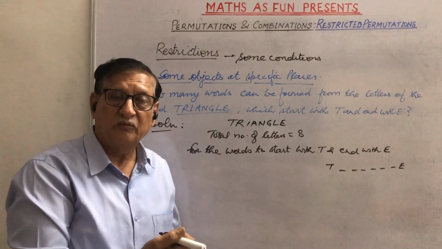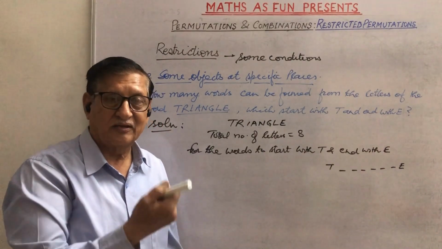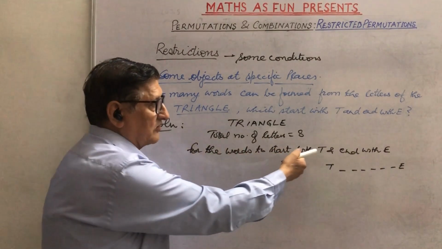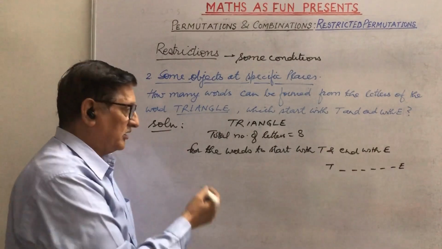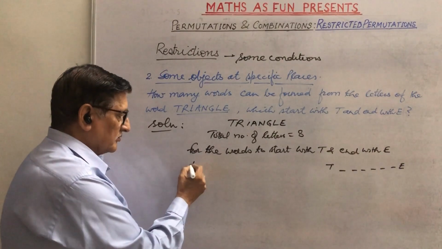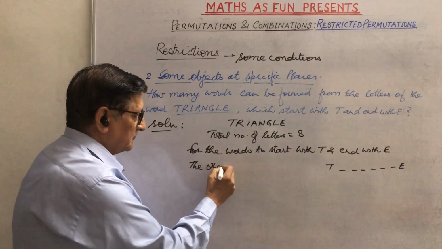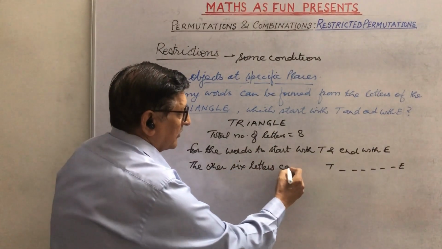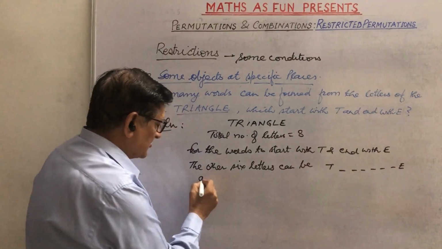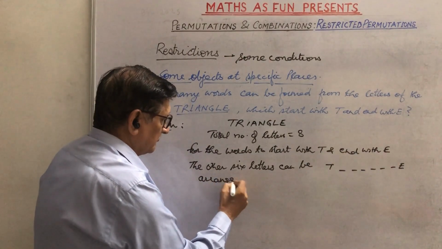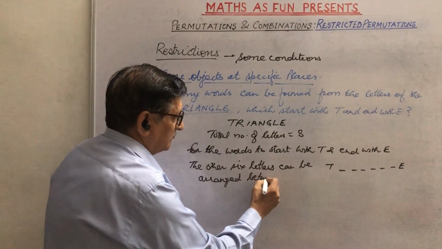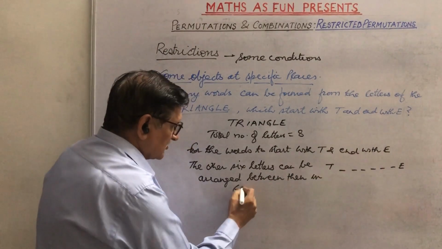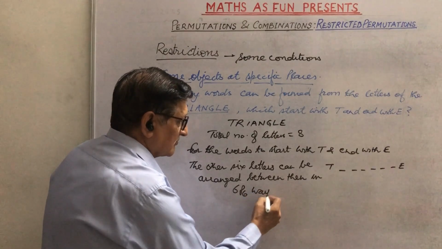And that can be done in how many ways? That is 6P6. So we write here, for the words to start with T and end with E, the other 6 letters can be arranged between them in 6P6 ways.